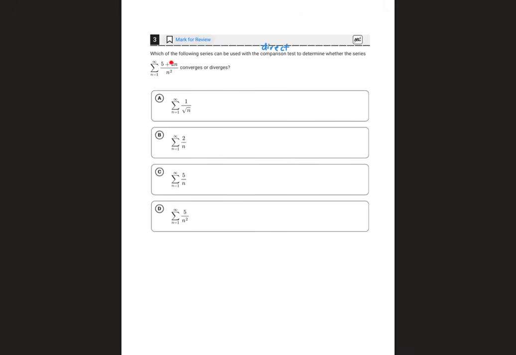So even multiplying by 2 is meaningless. So you can kind of get rid of the 5 and get rid of the 2 and realize this is kind of like n over n squared. Okay. And n over n squared simplifies to be just 1 over n. Okay, and since 1 over n diverges, this is the harmonic series. Just memorize that the harmonic series diverges.